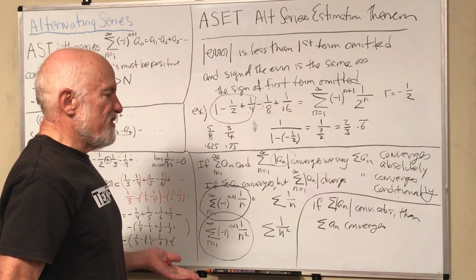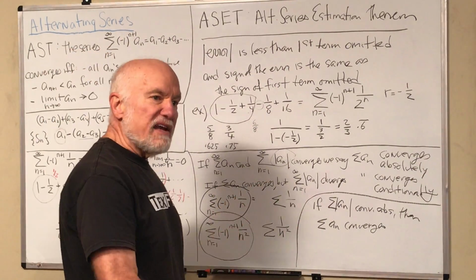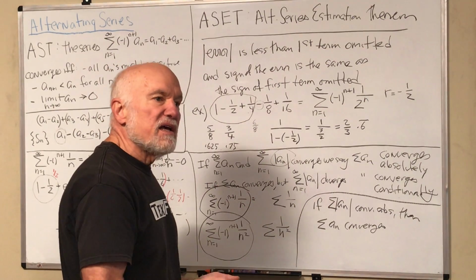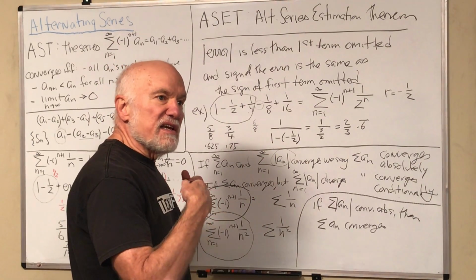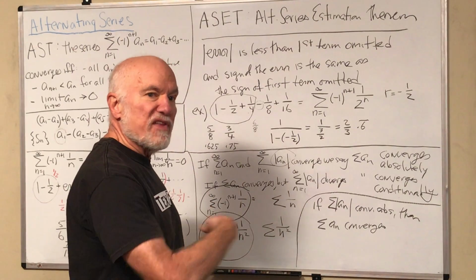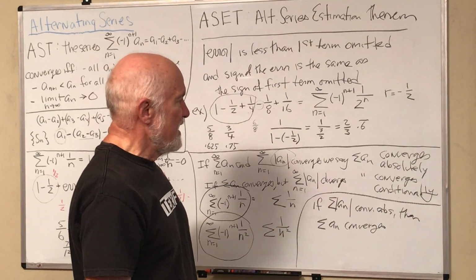And that kind of makes sense, because when you start to throw minus signs in, it's going to help things not go to infinity versus one that has all positive terms.